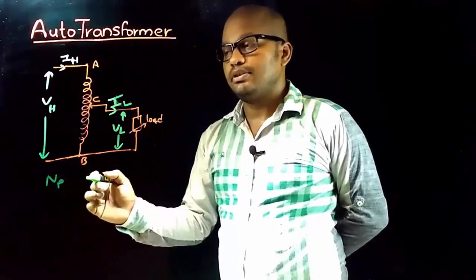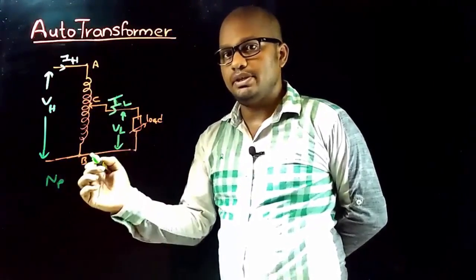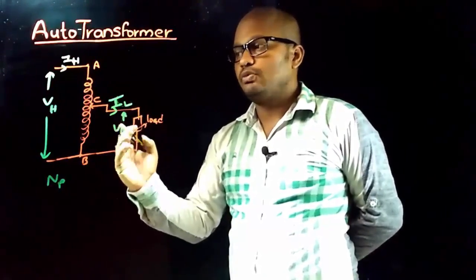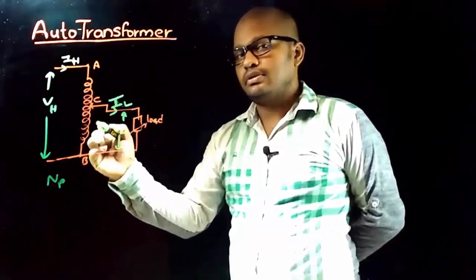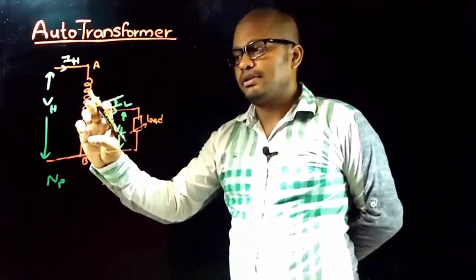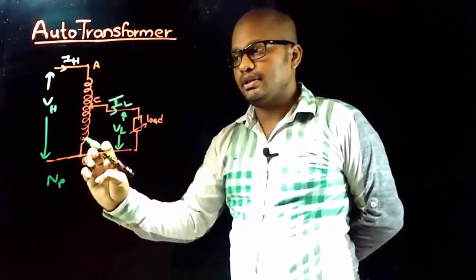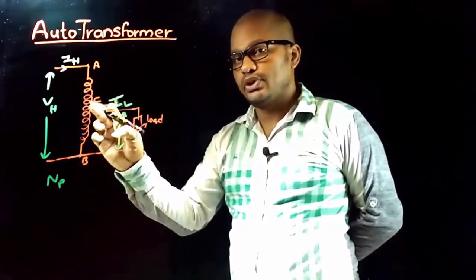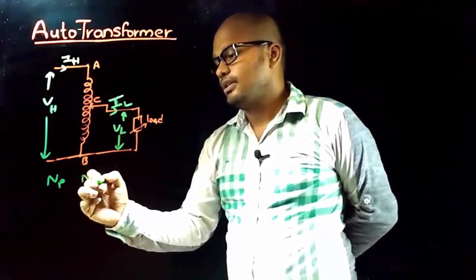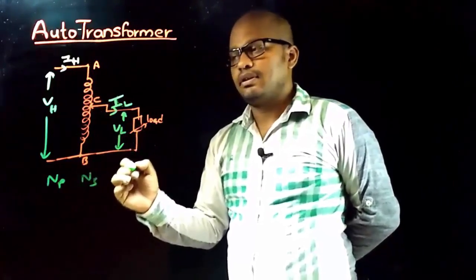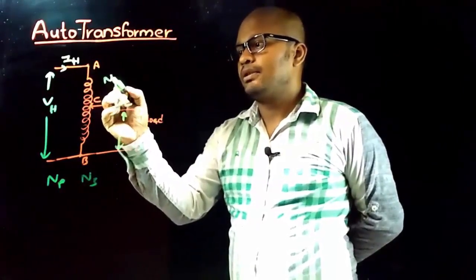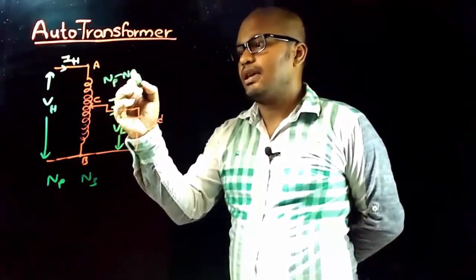The number of primary turns represents the turns from A to B, and here the secondary number of turns means the turns which are common to both primary and secondary side. So here the number of turns common to both primary and secondary side is the turns present between C and B, that is the turns present between the moving contact and B. So let those be NS. Therefore, the turns present between A and C represents NP minus NS.